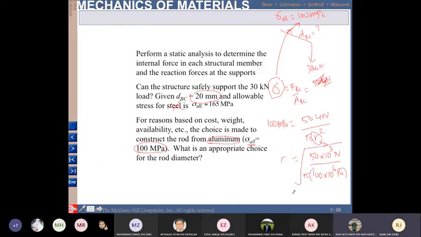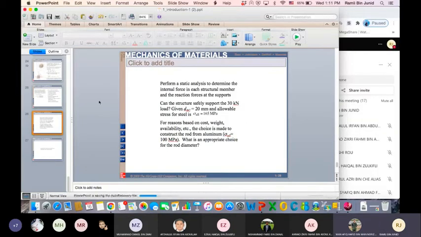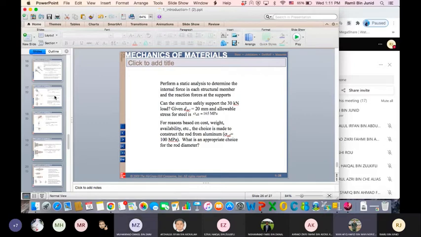You will get the value of r. And then when you get the value of r, the diameter is equal to r times 2. You will get something. Do you understand? So in this case, 25 only.